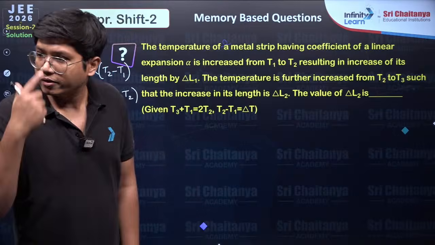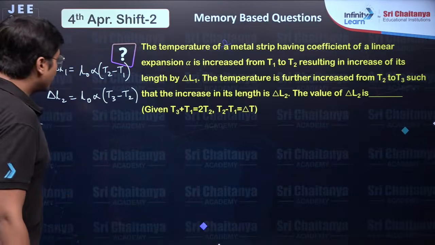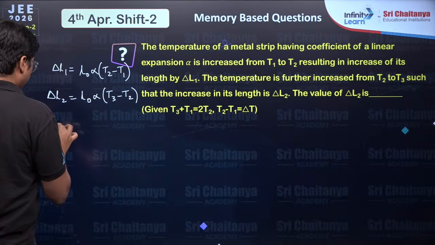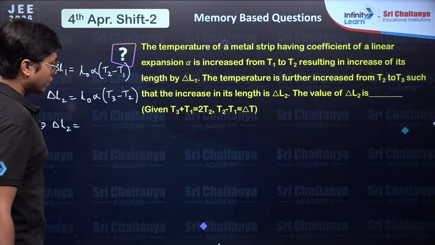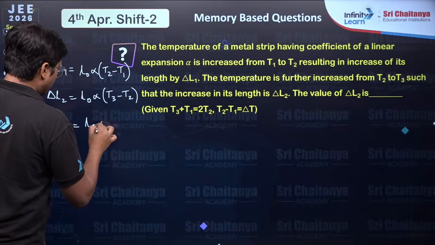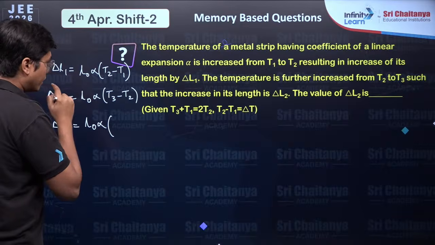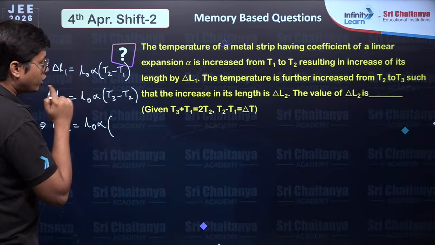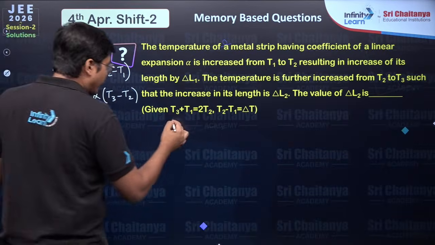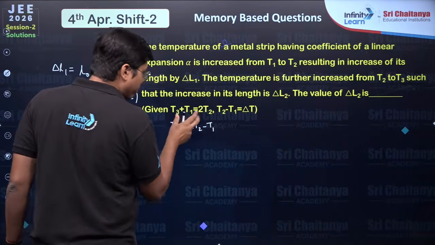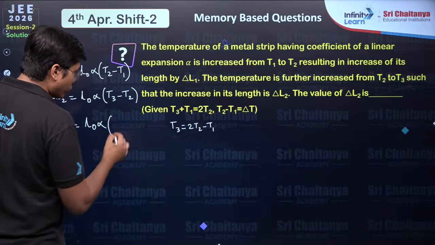Thank you everyone. Acha. Now over here, I want to write delta L2. Let's keep it L0 alpha. I can replace over here T2 minus T1 and all that. So chalo, I can write T3 is 2T2 minus T1, right? From this equation, swap it out over here.